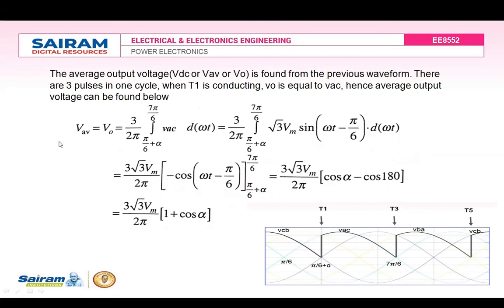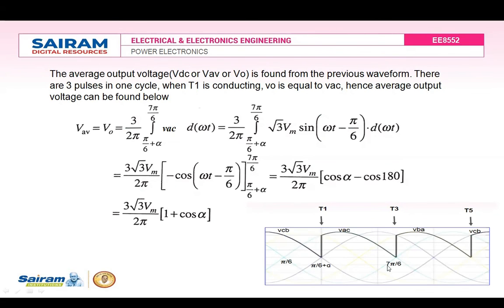For any voltage waveform, we can see here that for one full cycle, there are 3 pulses being produced at the output. So this converter is also called a 3-pulse converter. So we can find the average output voltage as, since we have 3 pulses at the output, we can take 3 by 2 pi. And we can integrate the waveform from pi by 6 plus alpha to this point.